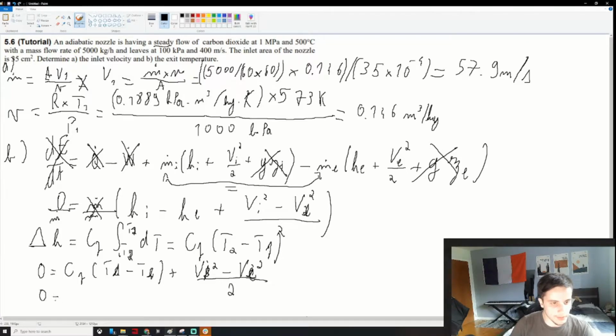And so we plug in our values. Cp is not given to us, but you can find it in your property tables, I believe on the second page, if not the third page. So it would be 1.126 kilojoules divided by kilograms times Kelvin, and that times T, which we know actually, sorry.